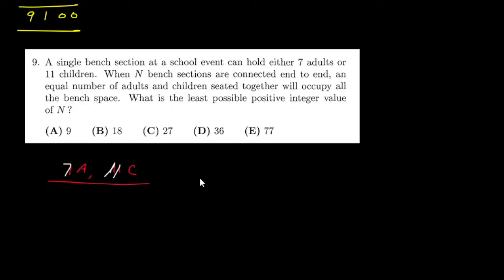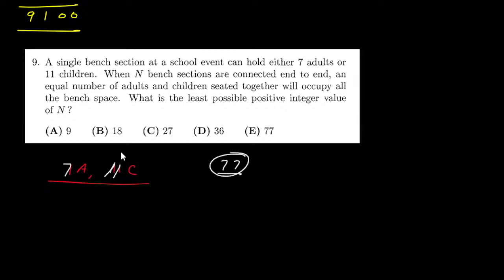So it's 77. 77 is a common multiple of 11 and 7. So for 7 adults per bench, if I have 11 benches, 7 times 11 is 77. So to get 77 adults, that means 77 adults are a common multiple of 7 as well as 11.